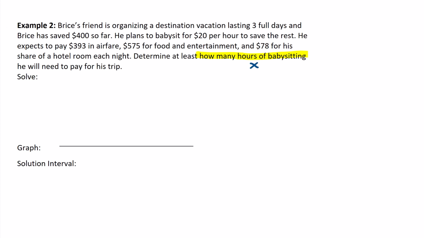We could call it h. It doesn't really matter. But we know that he's saved $400 so far. He'll have to make an additional $20 per hour times the number of hours to make at least, meaning greater than or equal to, the cost of his vacation, which will be $393 plus $575 plus 78 times the 3 nights he'll be there.